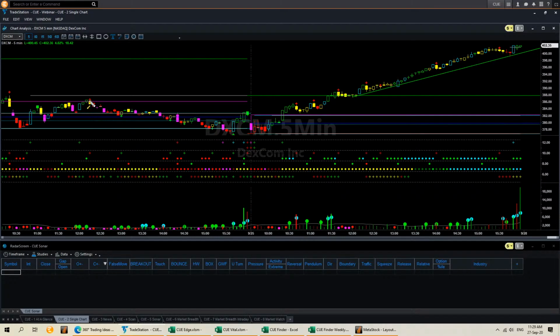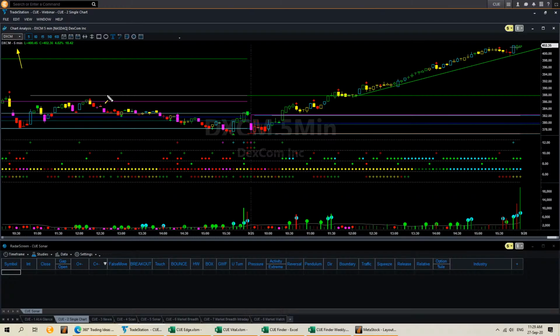This is the fine-tune chart, the intraday template that Q traders, myself also, use for precision entry of swing trades or for day trades. In the morning session, I use 5-minute interval. You could identify this bounce setup in the morning session itself.